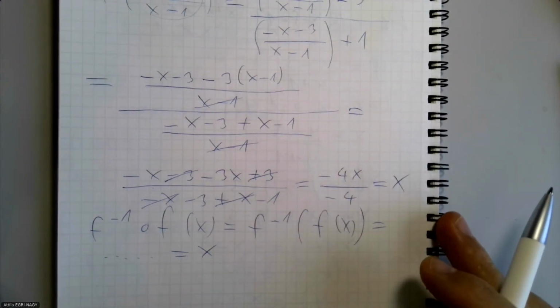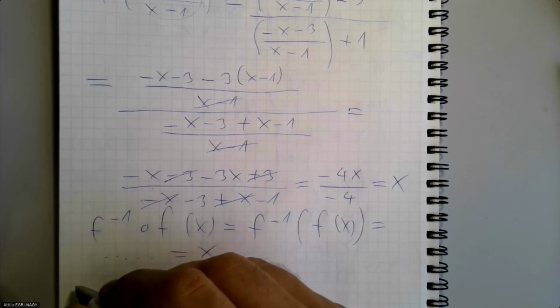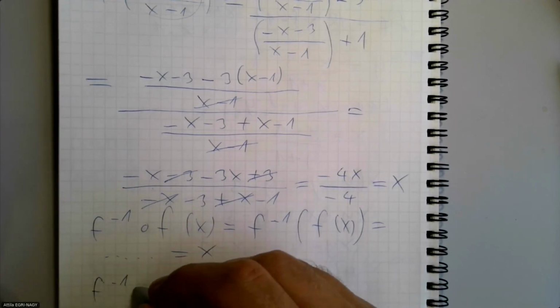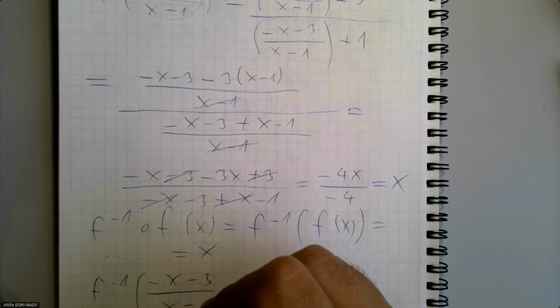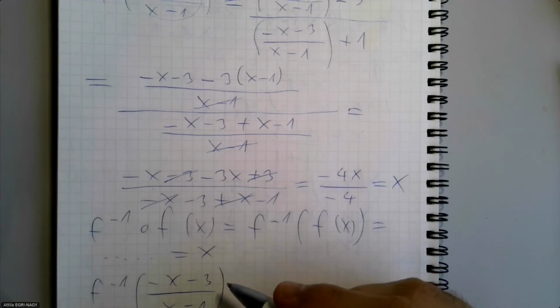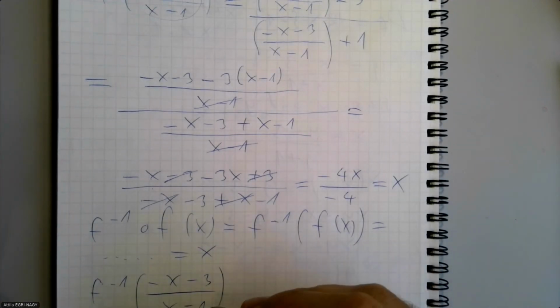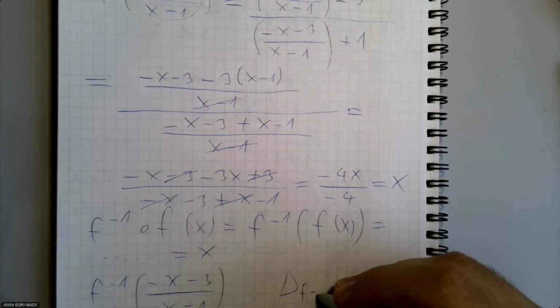Okay, so now if we establish that this is really the inverse, then we can look at it like, okay, so the f inverse of minus x minus 3 divided by x minus 1 is a function. Again, I have to look, well, what's the domain of f inverse.